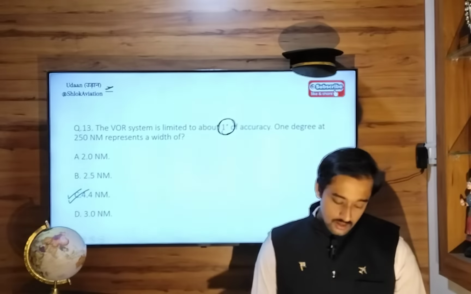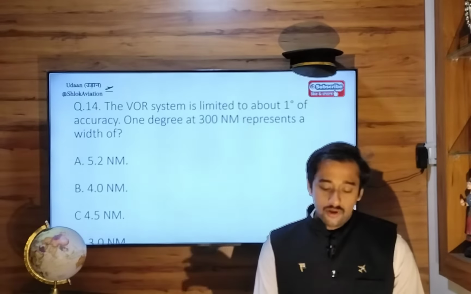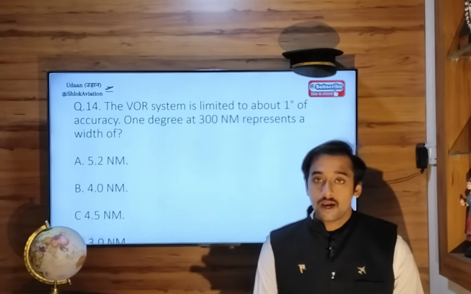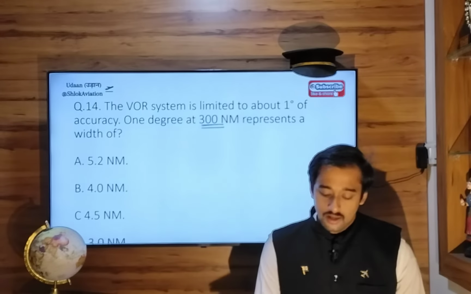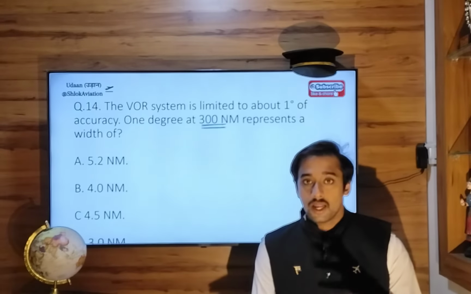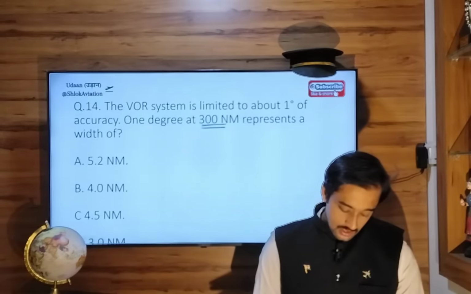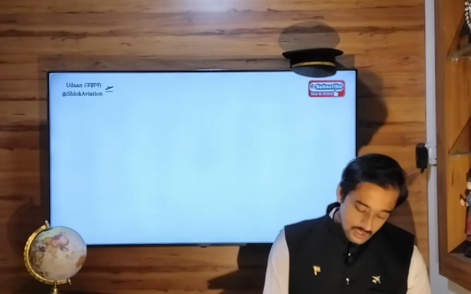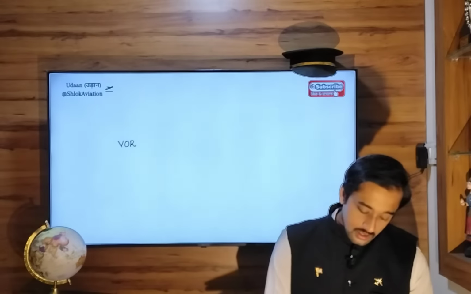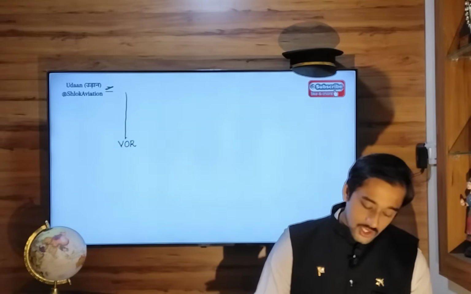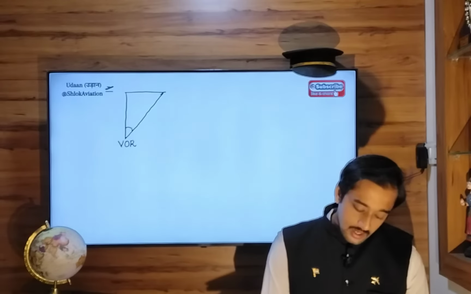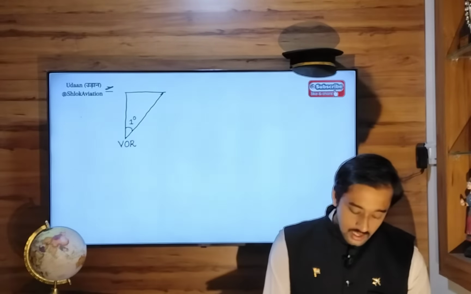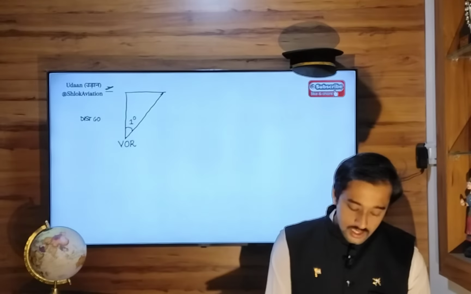Okay. Next, question 14. The VOR system is limited to 1 degree of accuracy. Similar question, and you have to find the width at a range of 300 nautical miles. So let's do this. This is your VOR. This is your original radial. This is your wrong radial. And now you have to calculate the width. So the angle is 1 degree. The distance that you have traveled is 300.